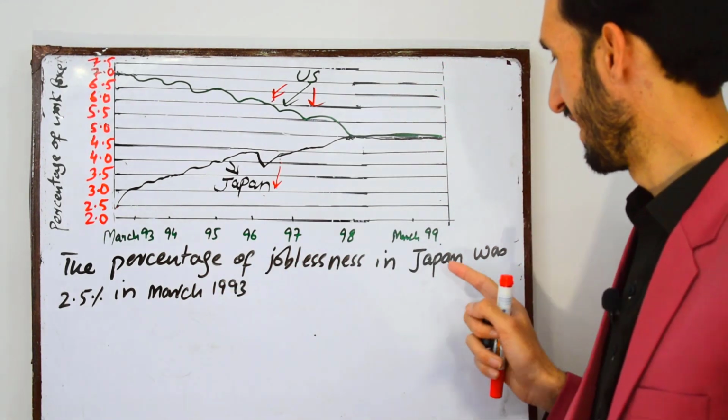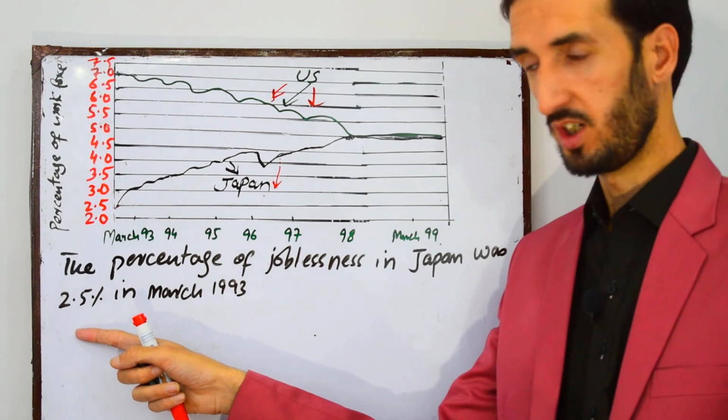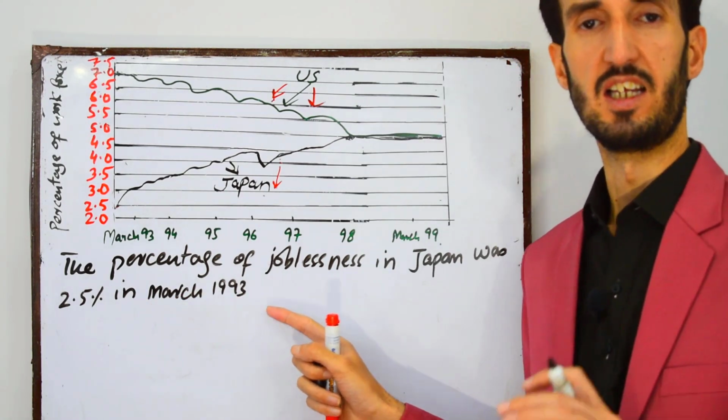The percentage of joblessness in Japan was 2.5% in March 1993.